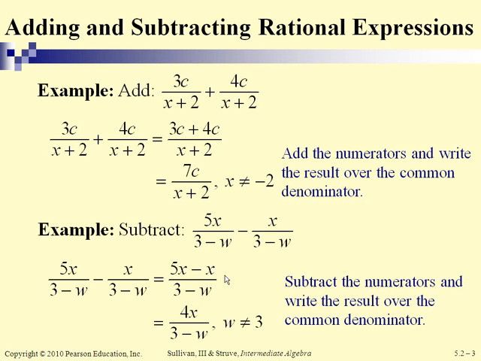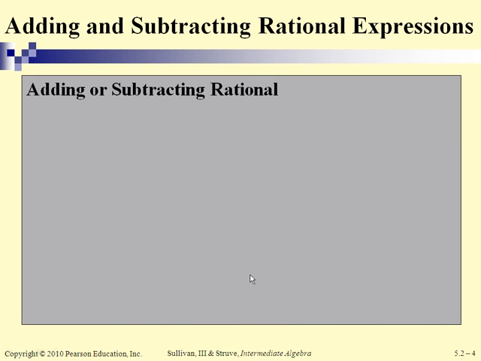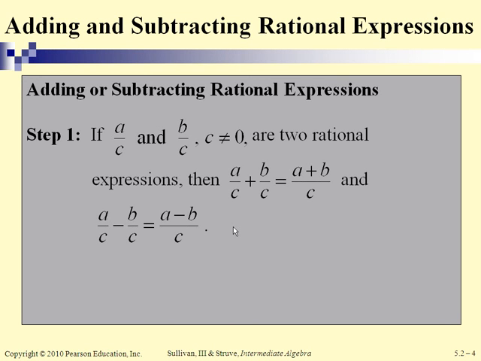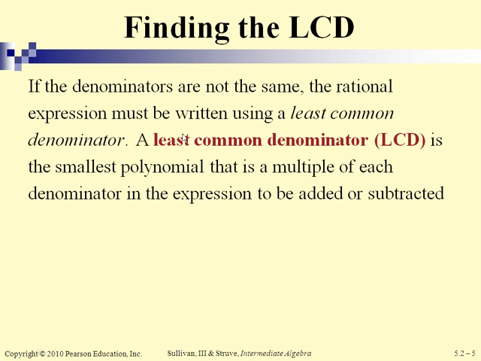Now, if you don't have the same denominator, what would you do? You have to find the least common denominator, right? For this problem, do they have the same denominator? No. So you factor first.